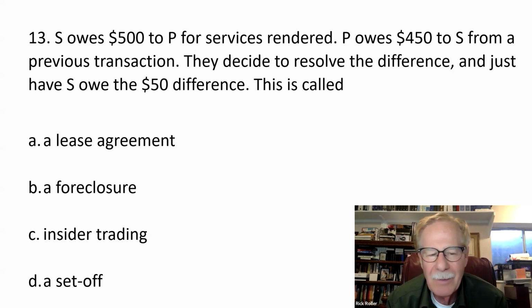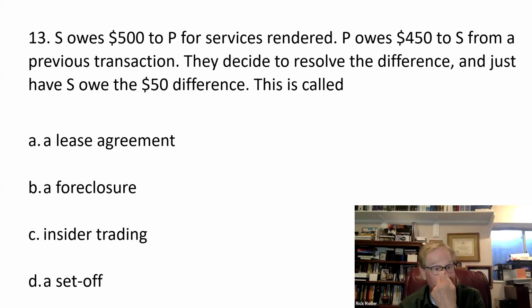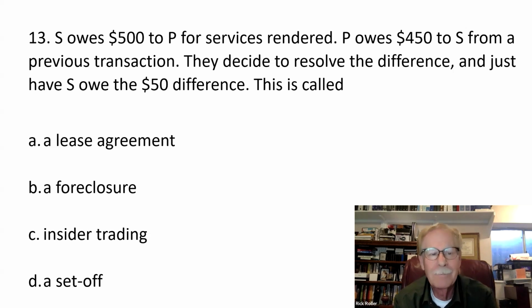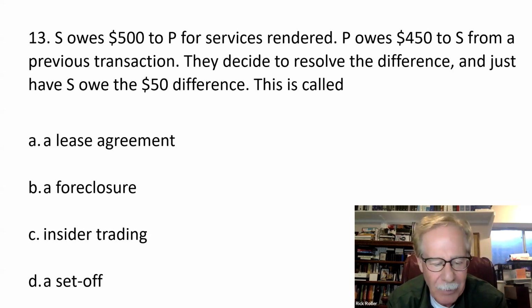Now, does that make any sense? Maybe after you think about it for a while, but you need to know the term set off. Well, now you know what it is. It's where someone says, well, you owe me, but I owe you. So why don't we just settle it for the difference? Okay. And that's called a set off. Okay. Cool.